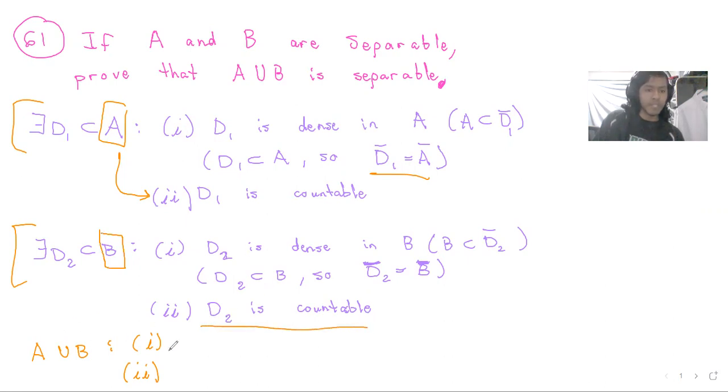So when we unionize them, a union of countable sets is countable. We only have two, so that's countable. Thus, A union B is countable. Well, the D is countable. And now we just need to show that it is dense.